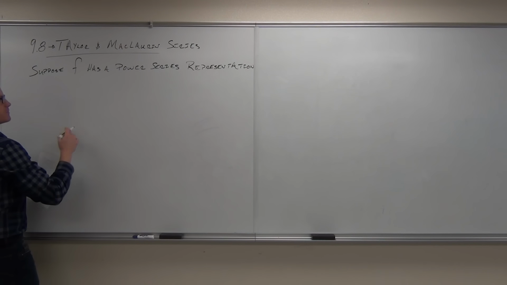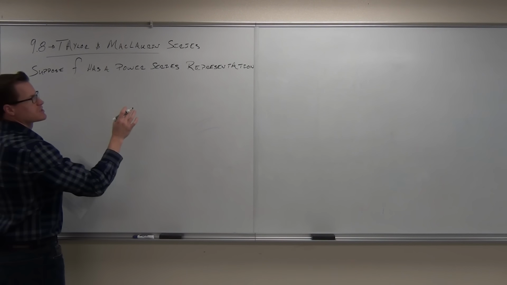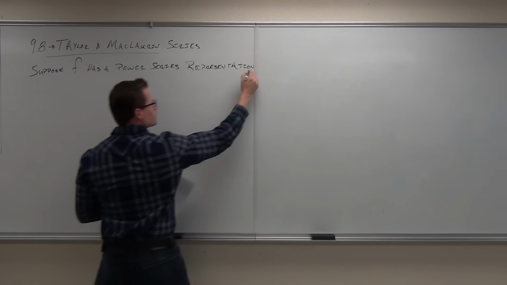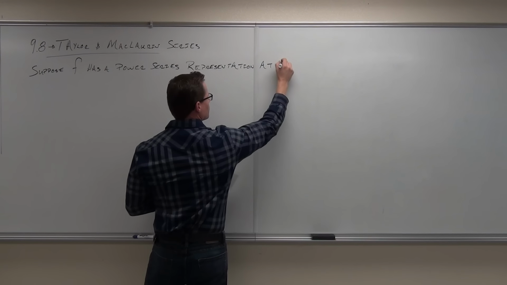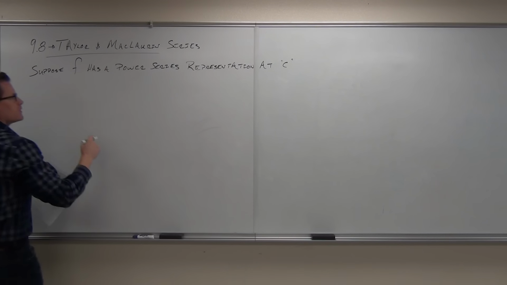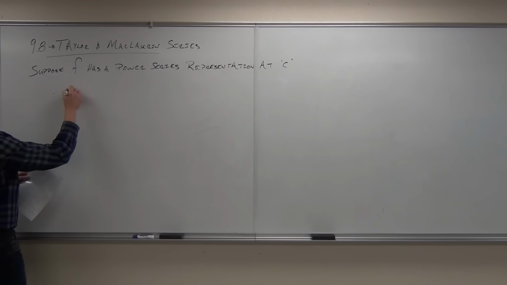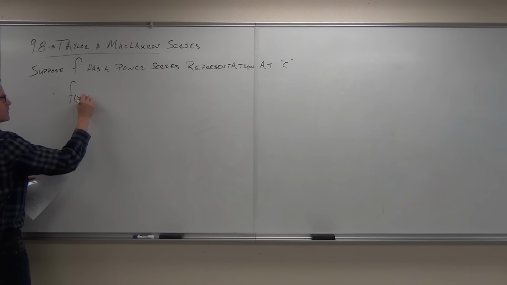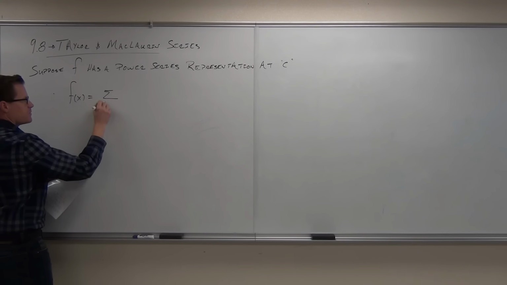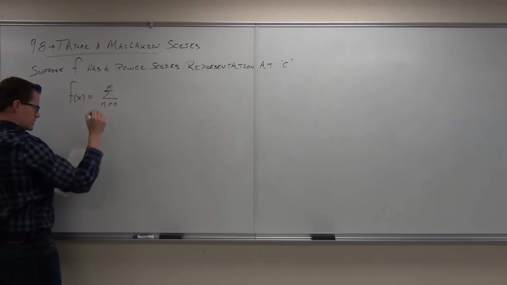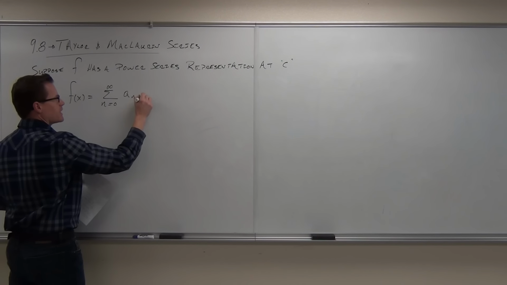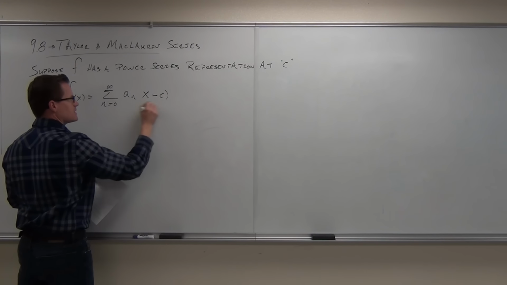The first thing we know, and let's suppose this is at the point c, is that f of x would equal a series from n equals 0 to infinity of a sub n times (x minus c) to the n.